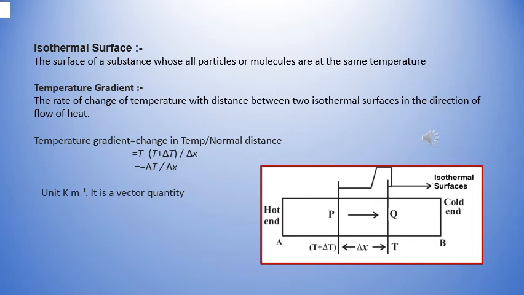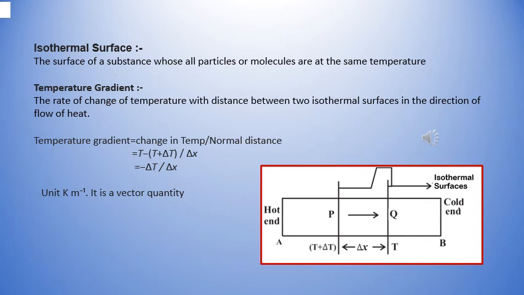Now let us consider the following diagram. In this section, P and Q are the isothermal surfaces. The temperature of these cross sections is the same. Let delta x be the normal distance between these two surfaces.